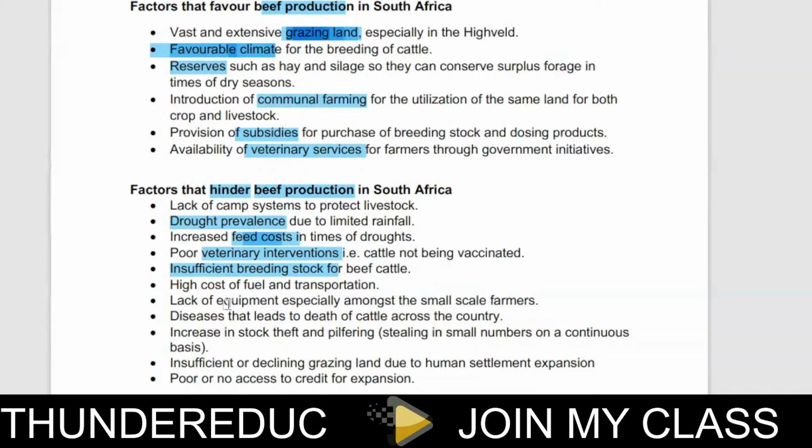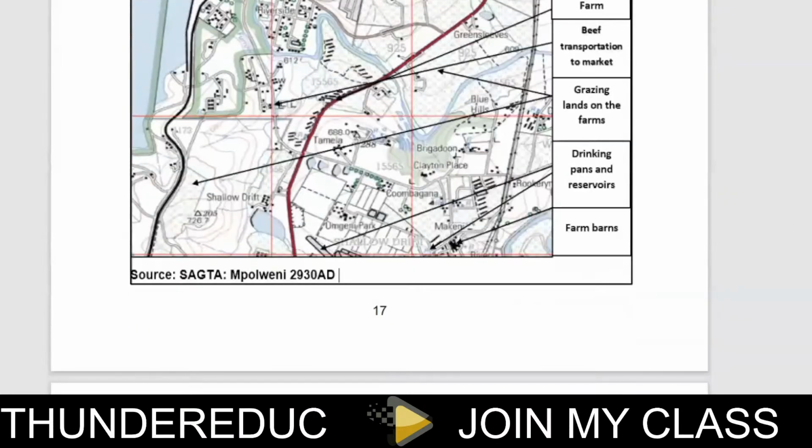Fuel prices affect prices of other commodities, and this affects farmers directly, because at the end of the day, farmers can't cope with those fuel prices, and they can't transport their products to the market centers, and this ends up discouraging them and forcing others to leave the sector.